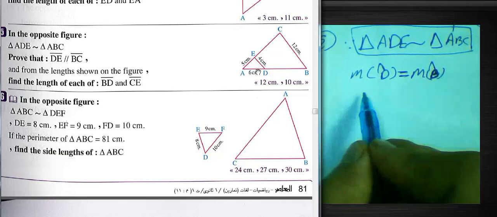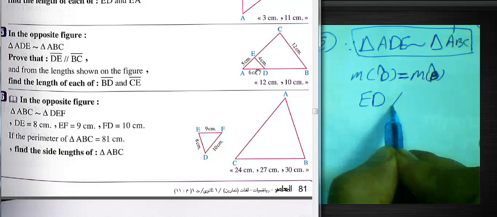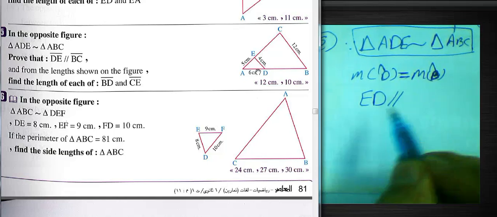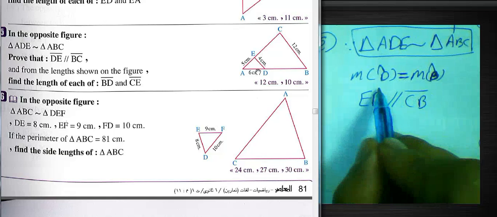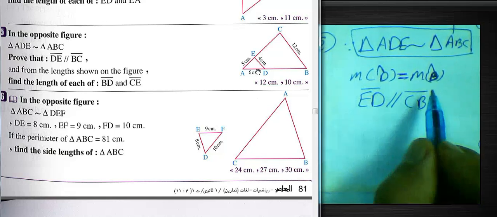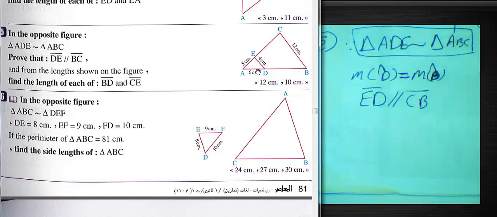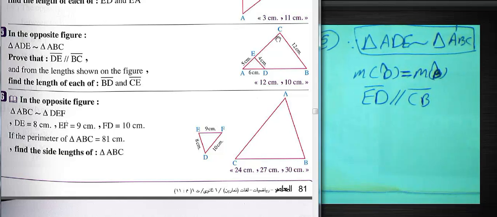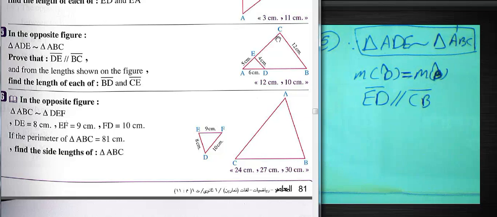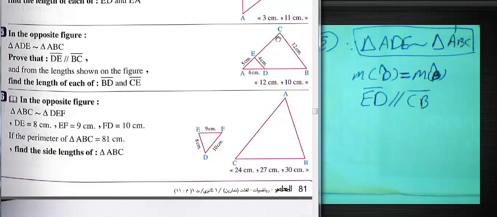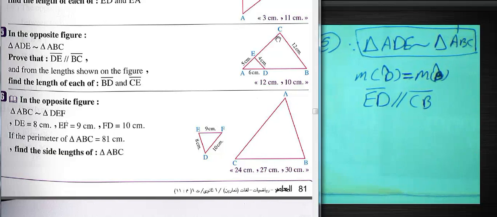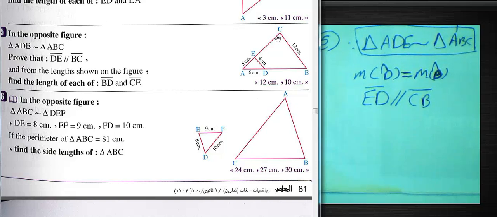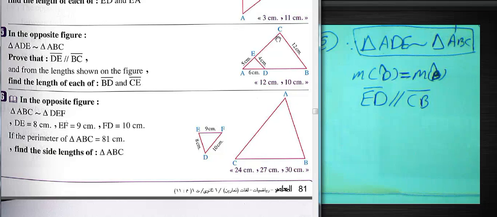So AD is parallel to CB, because the measure of angle D equals the measure of angle B, or you can say the measure of angle E equals the measure of angle C, because we have corresponding angles. We have alternate angles and corresponding angles.